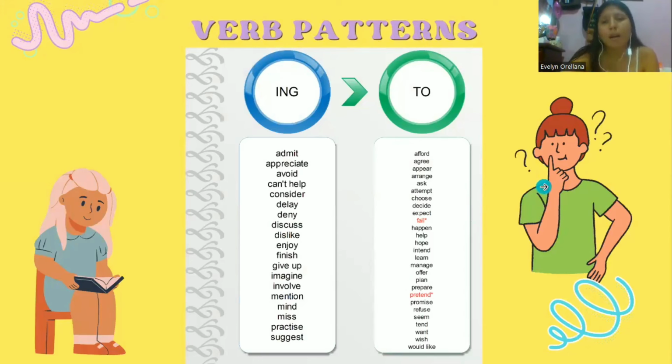Verbs with to: afford, agree, appear, arrange, ask, attempt, choose, decide, happen, help, hope, manage, prepare, refuse, seem, think, want, and others.